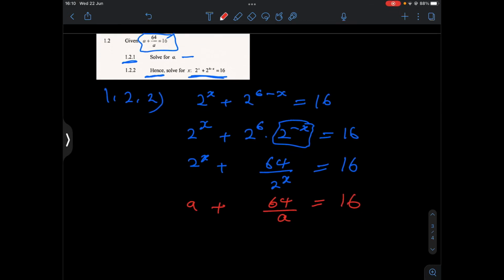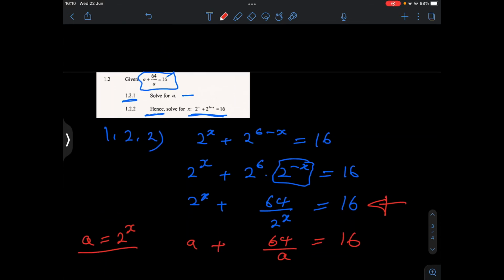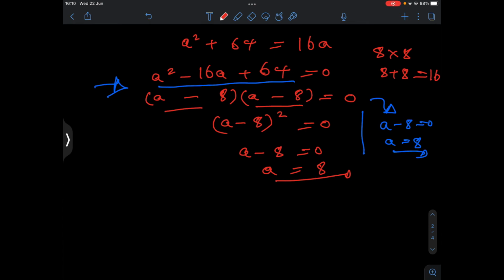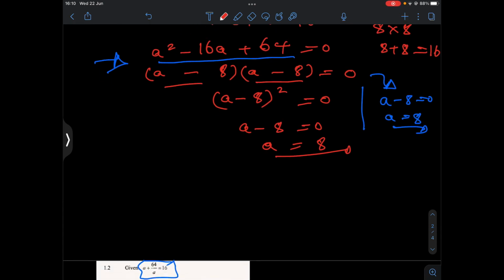So which means a in this case is, my apologies, it's the same as that. So the solutions to this question are the same solutions that we obtained in question 1.2.1, which was just 8.